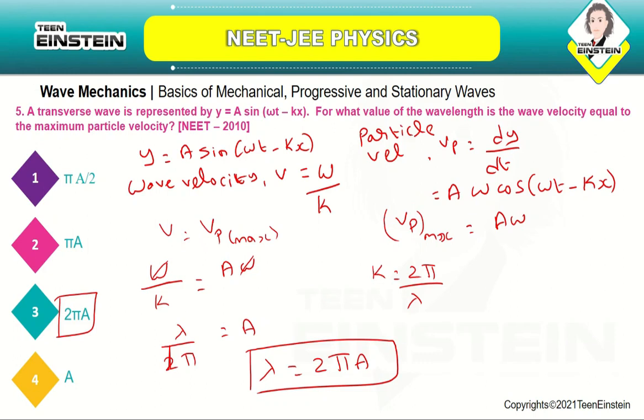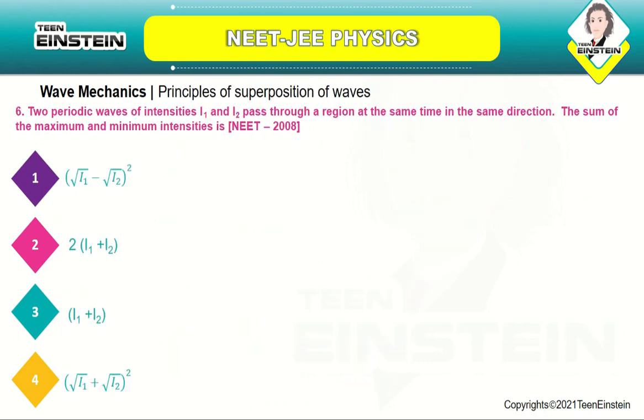Okay, so let us now move on to the next question. Two periodic waves of intensities I1 and I2 pass through a region at the same time in the same direction. The sum of the maximum and minimum intensities is.